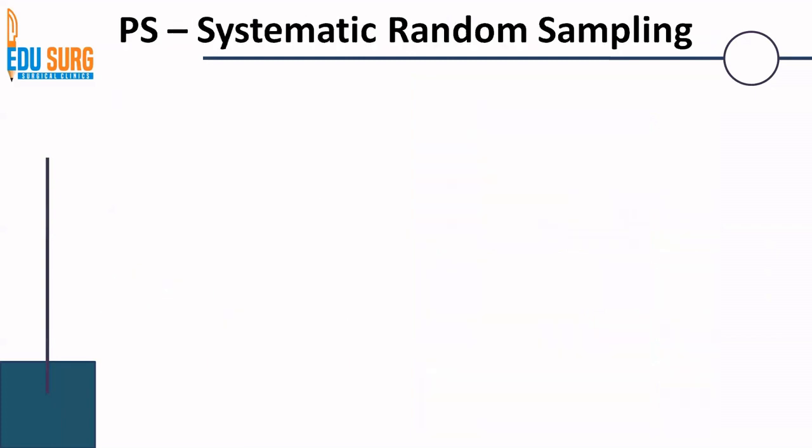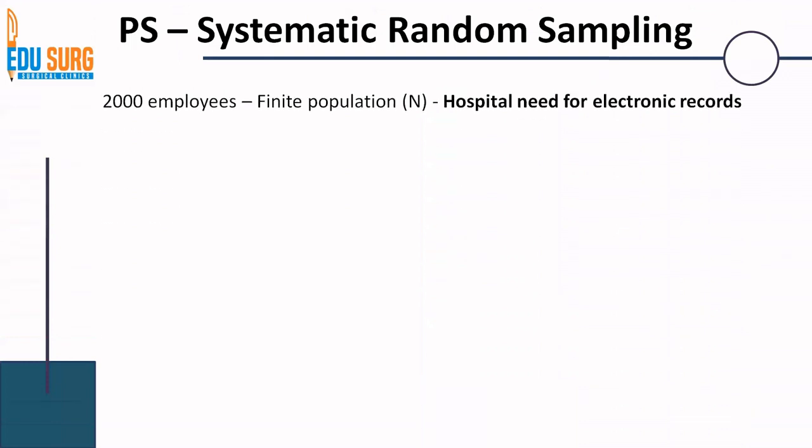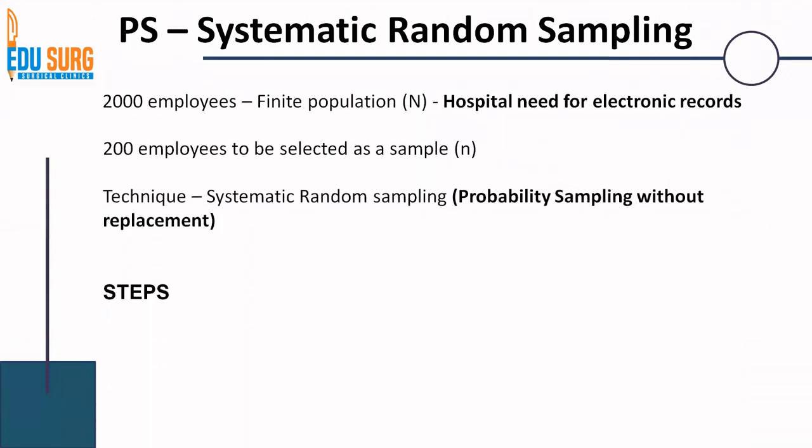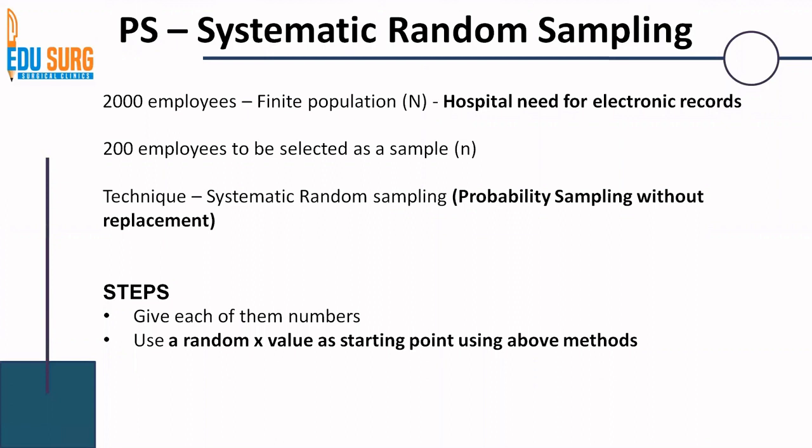Now going to the next technique, which is systematic random sampling. Again, our problem is the same. The technique is systematic random sampling without replacement. Again, we have to give each of the employees a number. Now, by using the table of random numbers, computer software, or a toss of a die, you select a random X value as your starting point.